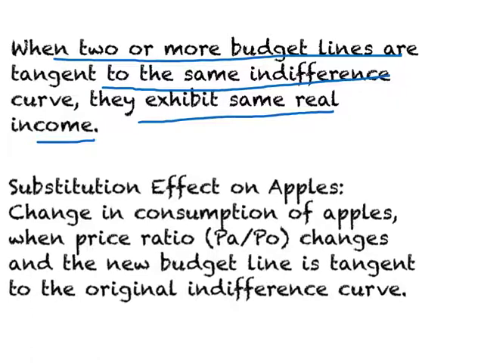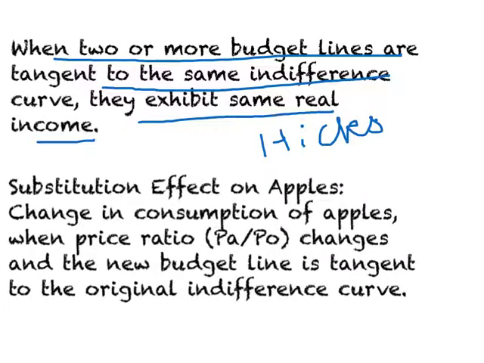If two budget lines have the same area of triangle, they imply same real income. And here we have used another definition of same real income, and this is due to a British economist by the last name Hicks, and that is, two or more budget lines, when they are tangent to the same indifference curve, they imply same real income.